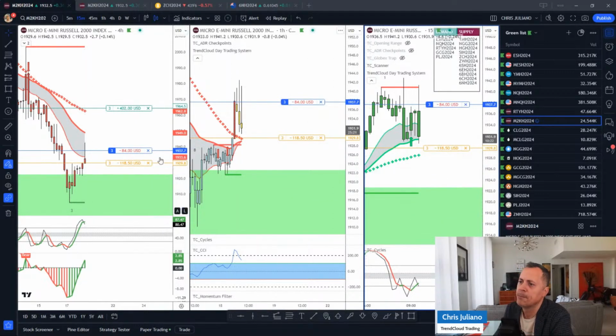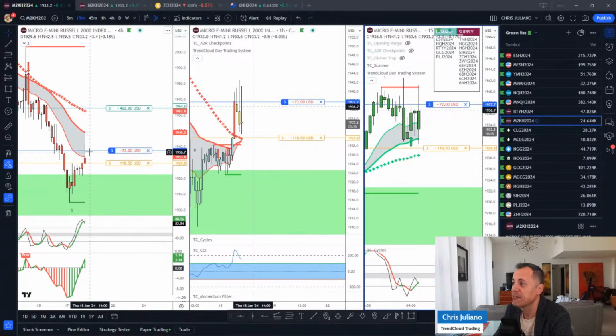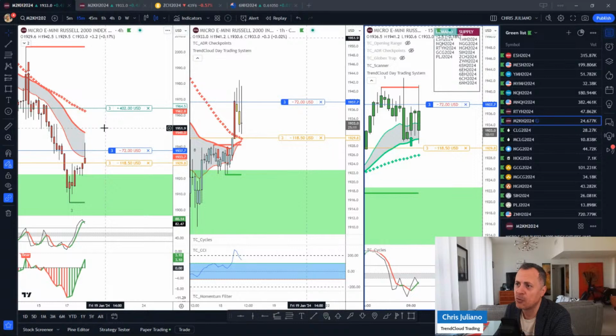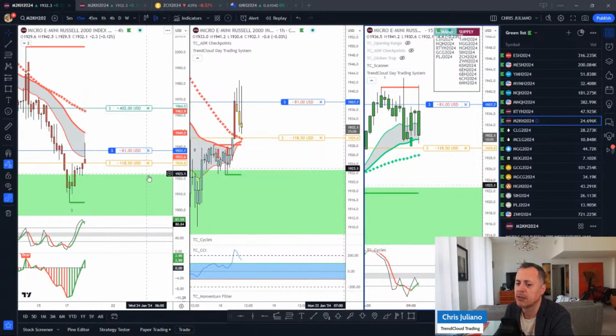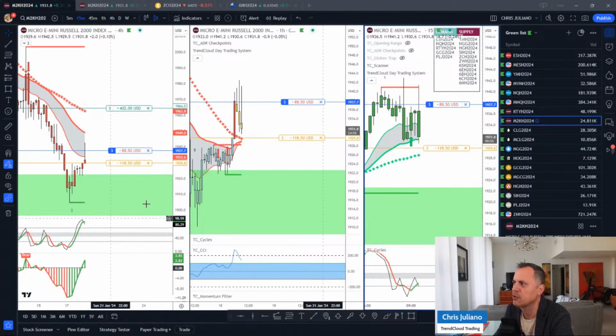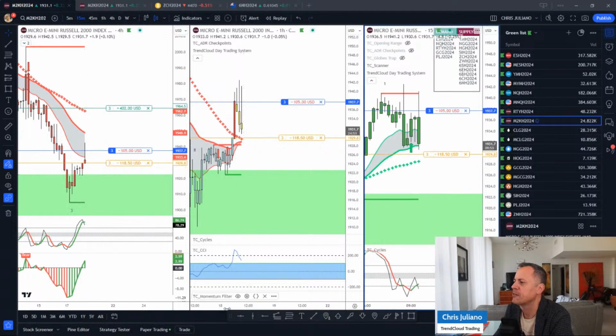So what is it going to do? Well, we don't know, but from what this looks like, as of right now, it's trying to decide between the 4 hour chart trend and the daily chart trend. So the scoring system, the checklist, yeah. It's an objective way of looking at all of this.